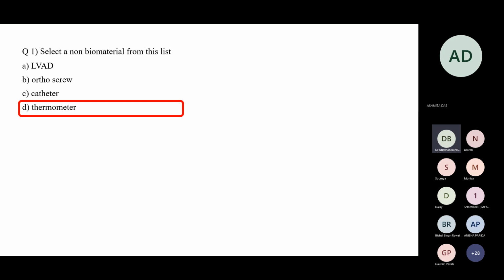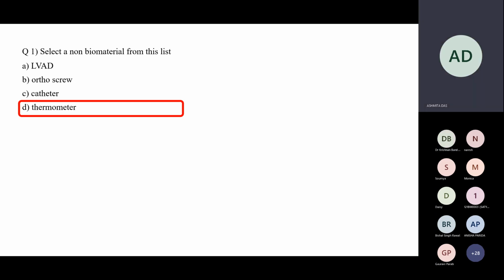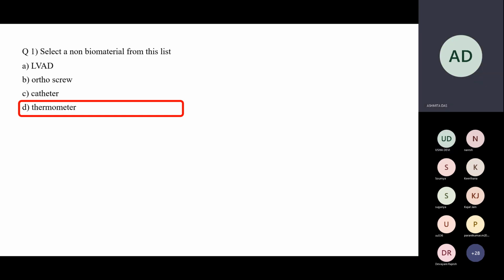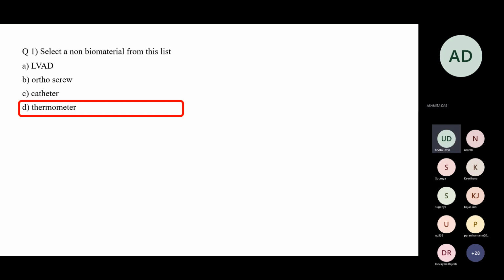Basically for artificial heart and assistive device, or basically to supply the blood from the heart to other organs. Is it somewhere correct? Yeah, it's actually a percutaneous device.